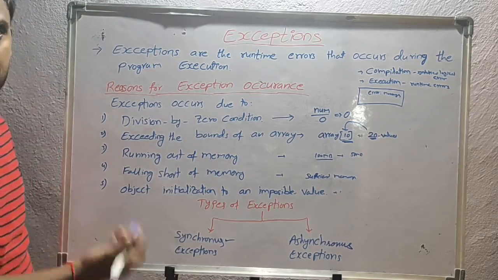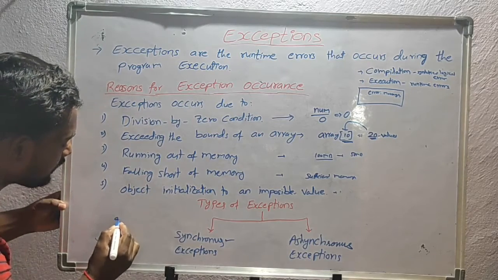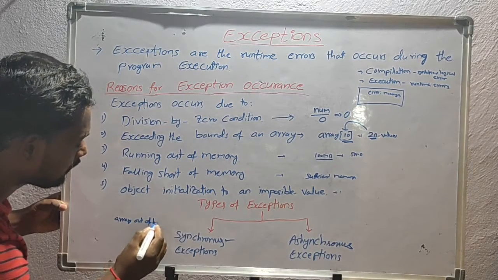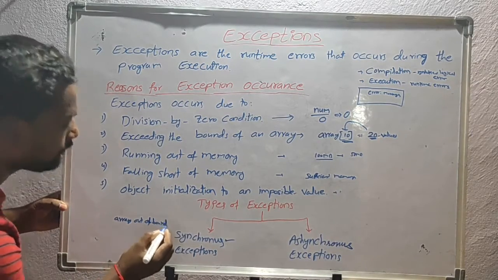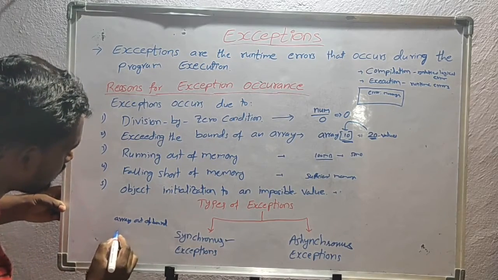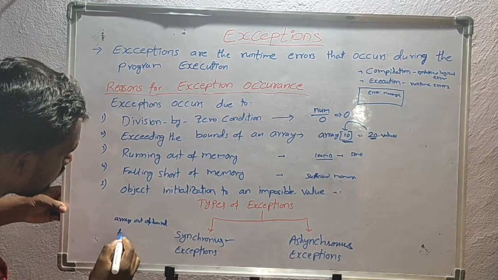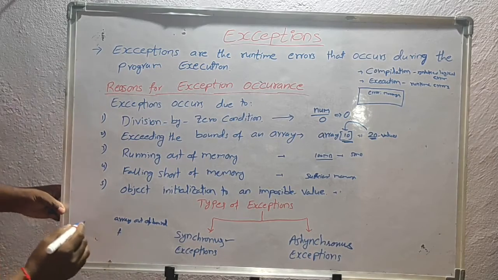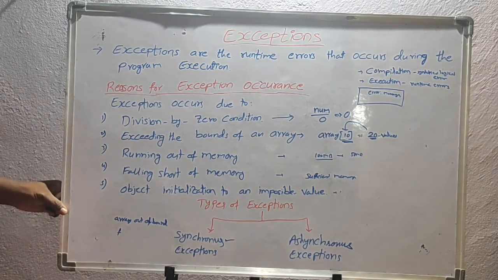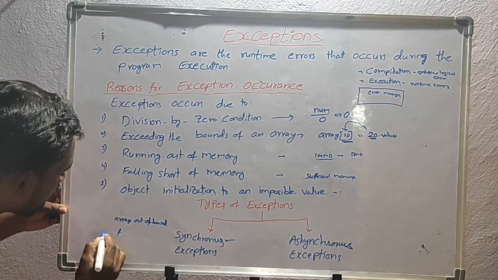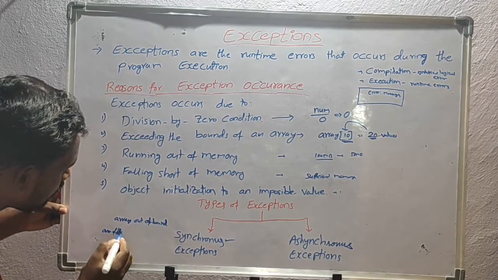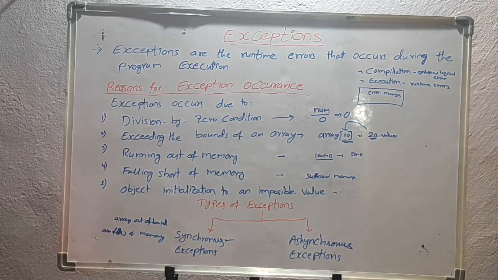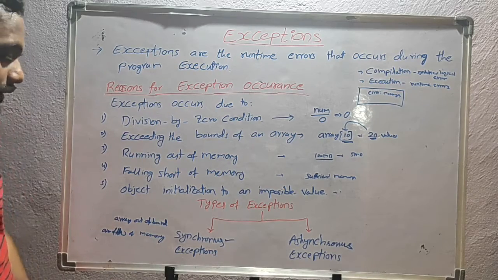The synchronous exceptions can be in two parts: array out of bound, and the next one is overflow of memory. These are the synchronous exceptions.